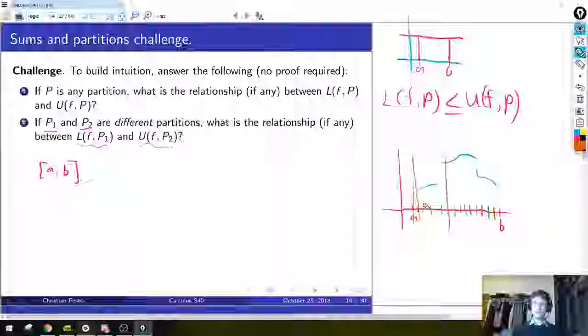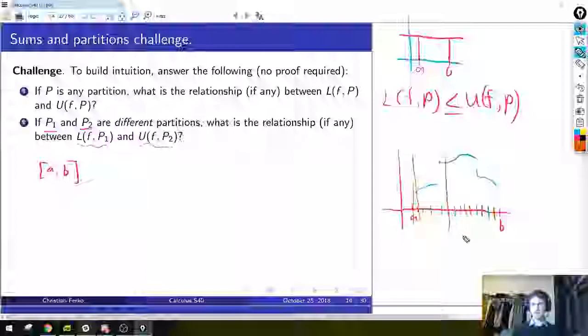In the orange partition, I would say maybe the supremum on this big interval is over here, and the infimum is over here. But I think it might still be true that if it's a partition of the same interval, the U is going to be at least as big as the L.